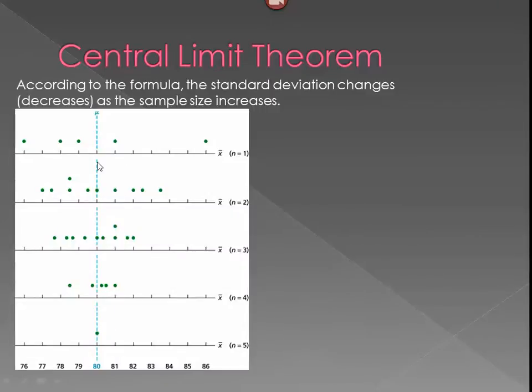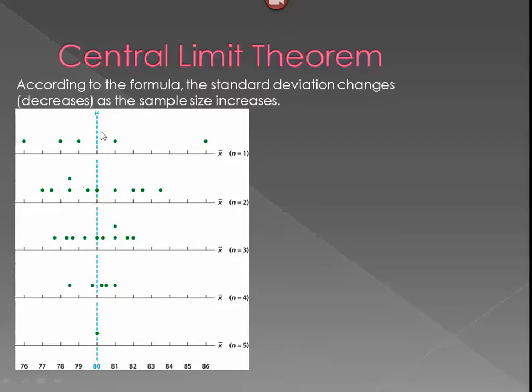Here's a picture of the original heights spread out, and here's the mean of those heights. So this represents n equal to 1, sample size of 1. That means my original data. The mean of all these numbers was 80. And we saw for samples of size 2, the mean did not change. The mean of all these numbers is also 80. But notice how they're getting closer to the blue line.